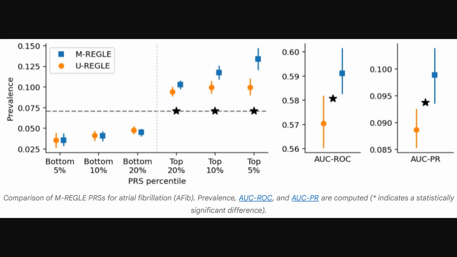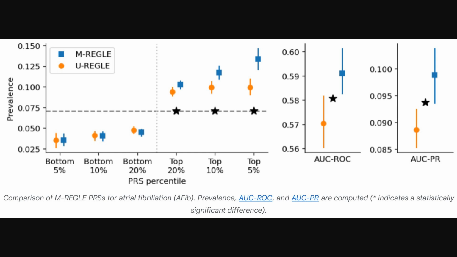So, we've seen these learned embeddings are biologically meaningful, but the real test is improving disease prediction. This brings us to creating better polygenic risk scores. A polygenic risk score is a single number that summarizes a person's genetic likelihood for a disease. These plots compare risk scores for atrial fibrillation from the multimodal M-REGLE versus the older U-REGLE.